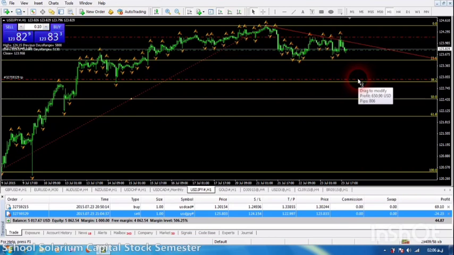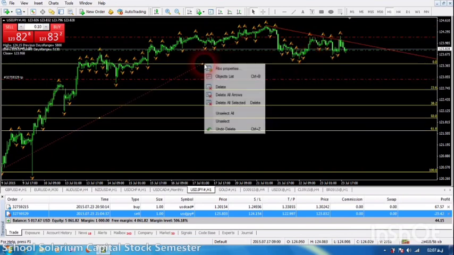You have to close your trade before the price reaches or touches the line, because it may retrace before touching the line and then you will lose money. So try to close the order before the price touches the Fibonacci resistance. So that's it about the Fibonacci tool.